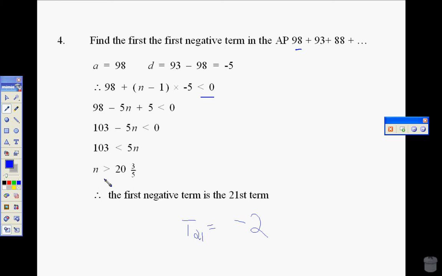So the first term after 20 and 3/5 is the 21st term. If I put 21 into there, I get minus 2. That's my first negative term. We just solved a simple linear inequality, but we're using the equation for the term of an arithmetic progression.